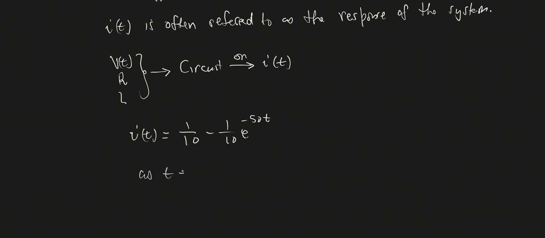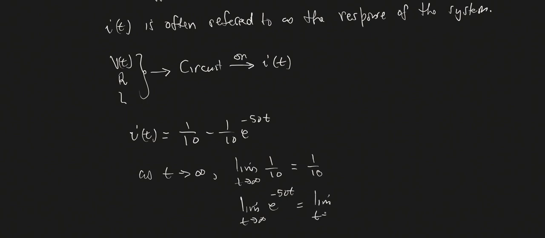So as t goes to infinity, the limit as t goes to infinity of 1/10, because this is a constant, it never changes. So it's 1/10. And then what about the other term? The limit as t goes to infinity of e to the negative 50t.